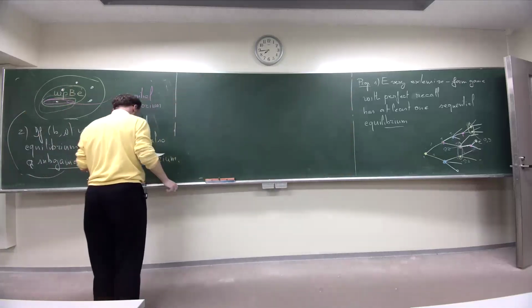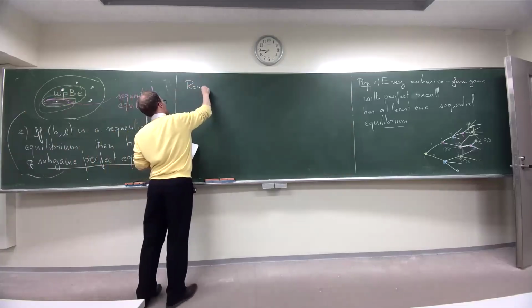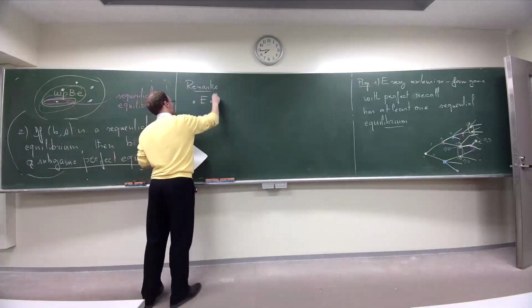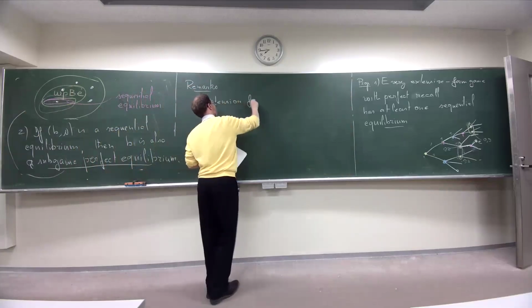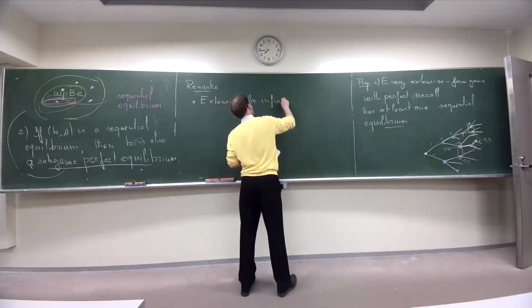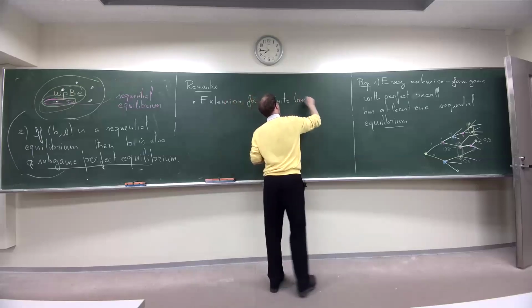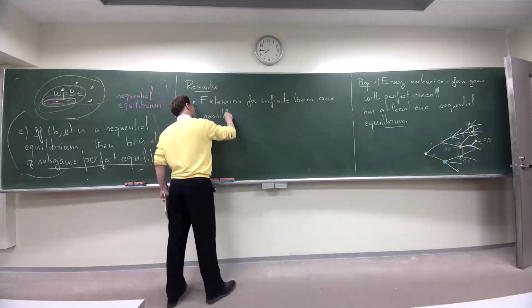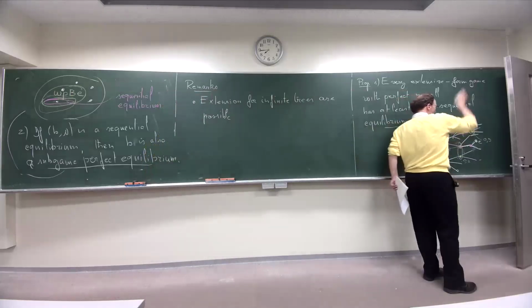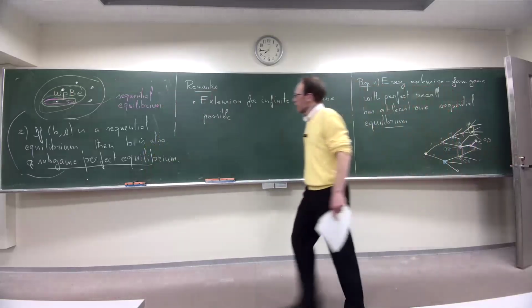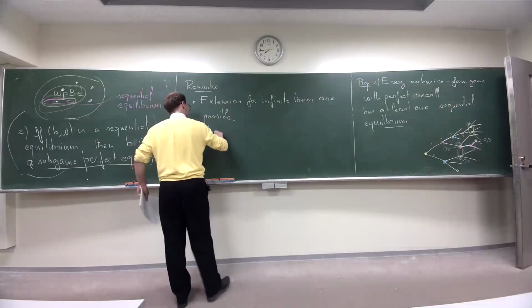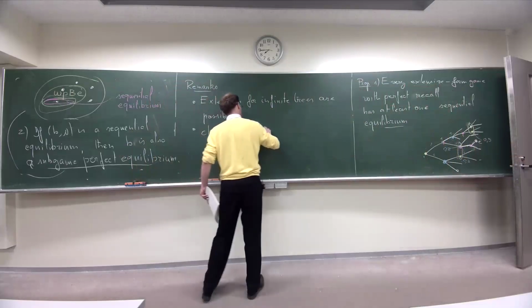So this is essentially the end of this chapter. Just a few final remarks. I want to mention that extensions for infinite graphs or infinite trees are possible. People have also studied when these trees go to infinity, and then it's of course much more complicated, or choices in a continuum.